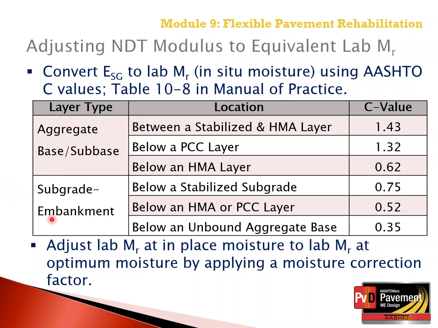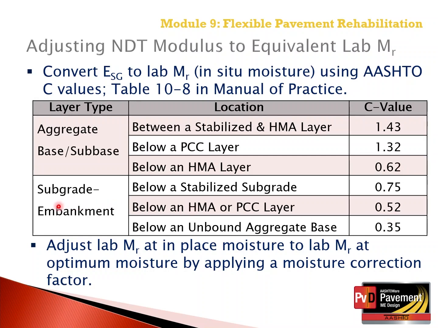So if we have a flexible pavement with an aggregate base placed below an asphalt layer, then we multiply that back calculated modulus for the aggregate base by 0.62 to get the resilient modulus representing a laboratory equivalent value measured at the in-place water content and dry density for entering in the Pavement ME software.